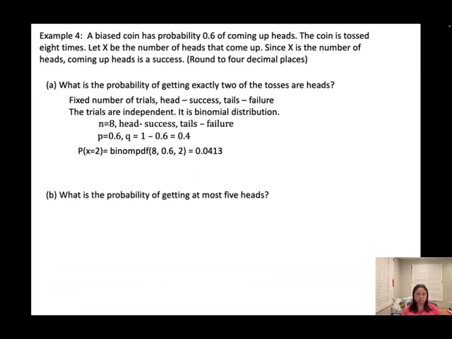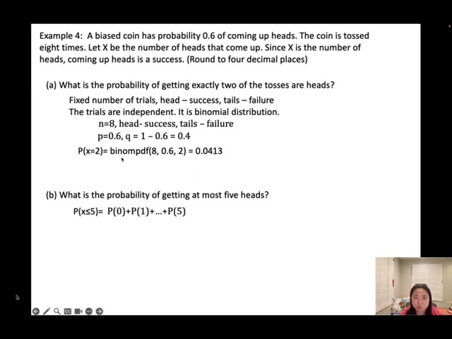Okay, B. What is the probability of getting at most 5 heads? At most. We're going to write it as the inequality x less than or equal to 5. Okay, at most, not greater than 5. So we're looking for P of 0, P of 1, P of 2, until P of 5. So think about it.